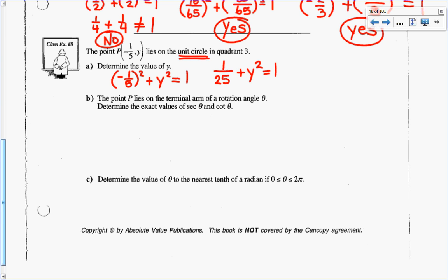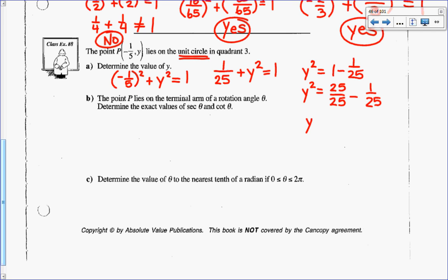Now I'm just going to do some regular algebra to isolate y squared. So I'm going to subtract 1/25 from both sides. But again, I don't have common denominators, so I can't solve it until I do. So 1 is the same thing as 25/25 minus 1/25.